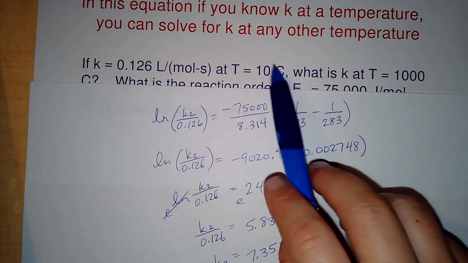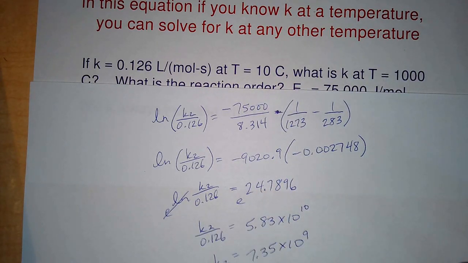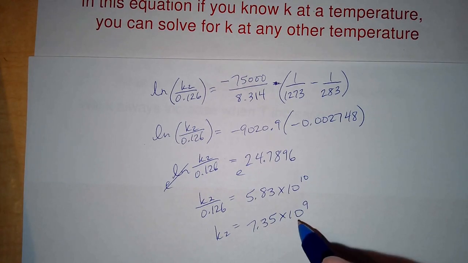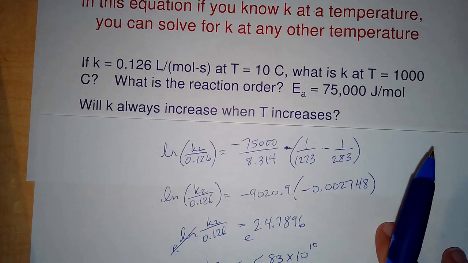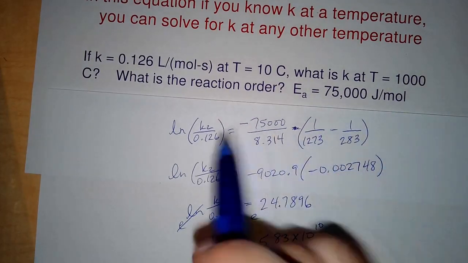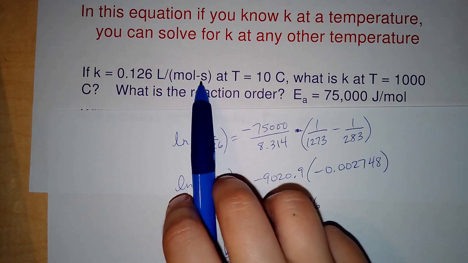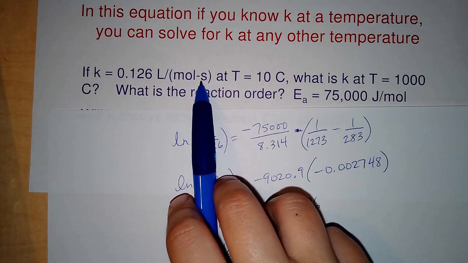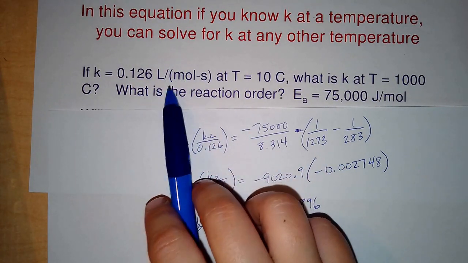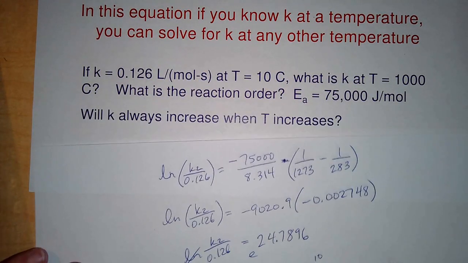Now the second question was, what is the reaction order? And this we're going to look for the units of K. So our K units were liters over moles per second, which is the same as 1 over molarity times second, so this is second order. And we're going to have the same units for the new K value that we found.